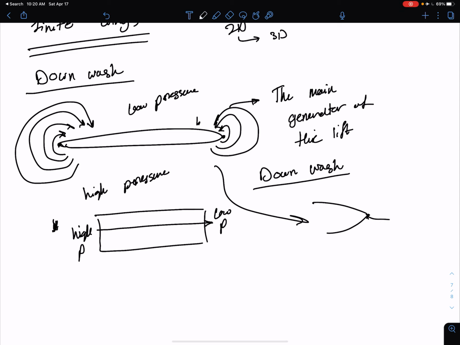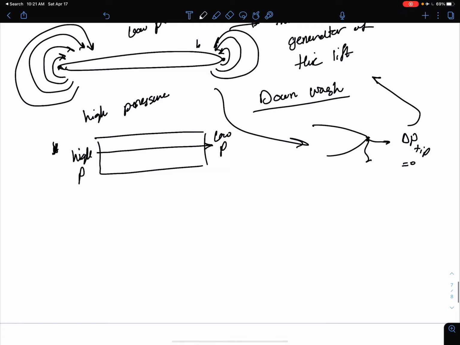What does this mean? It means that delta P of the tip is 0. And we said delta P, this pressure difference, is the main generator of lift. What does this mean for the lift at the tip? This essentially means that lift at the tip is going to be 0, right?